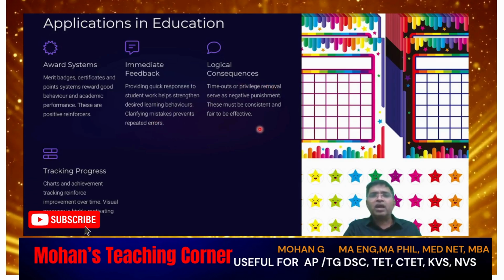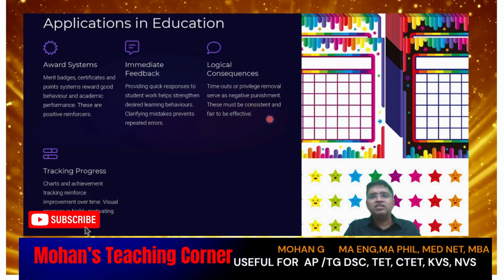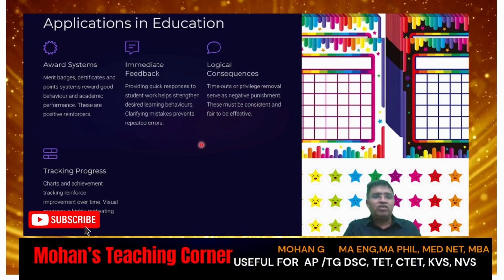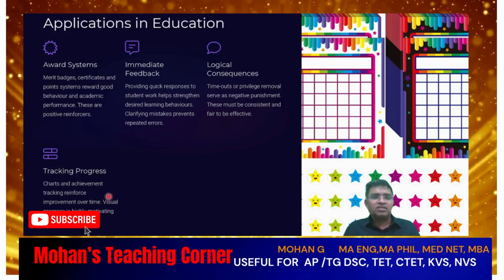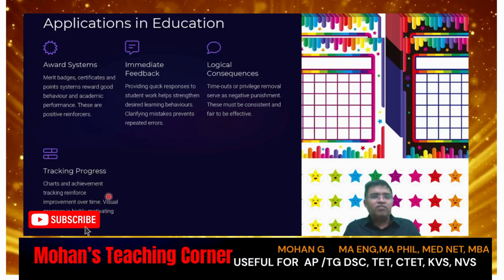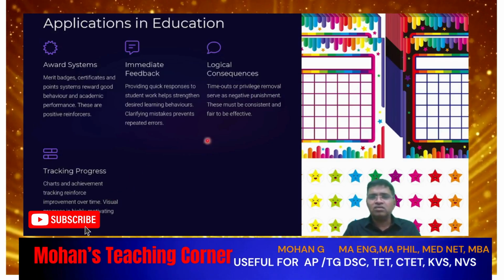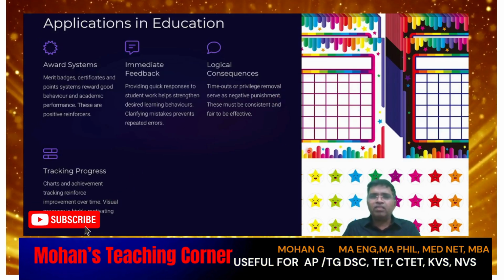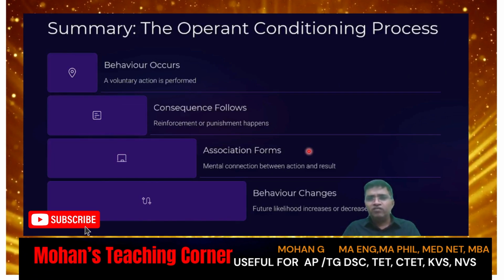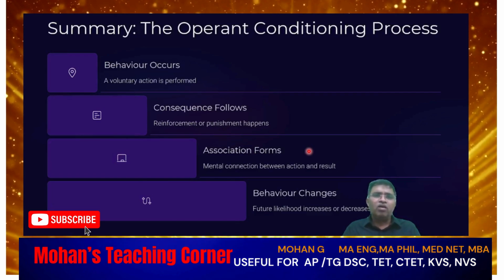Logical consequence: timeouts or privilege removal, which is negative punishment. It must be consistent and fair to be effective. Tracking progress: charts and achievement tracking reinforce over time. Visual representation is highly motivating for students, so we maintain all the records. Then the summary of operant conditioning.